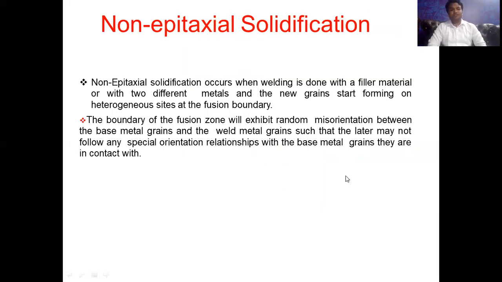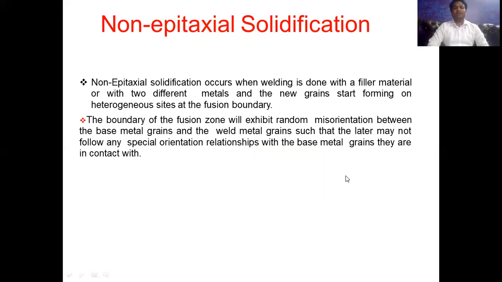Non-epitaxial solidification. Non-epitaxial solidification occurs when welding is done with filler material or with two different materials, and the new grain starts forming on the heterogeneous sites at the fusion boundary. The boundary of the fusion zone will exhibit random misorientation between the base metal grains and the weld metal grains, such that the layer may not follow a special orientation relationship with the base metal grains they are in contact with.